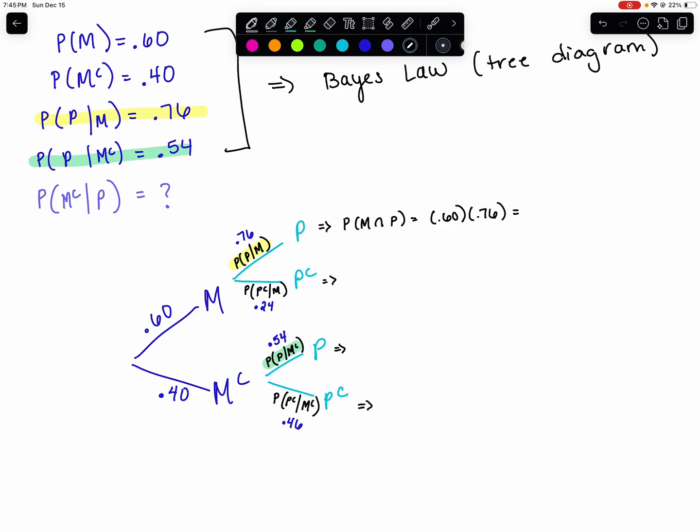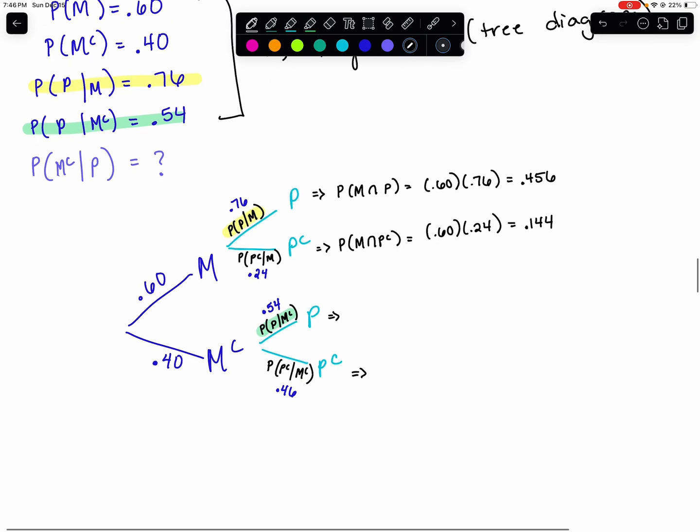Okay? So I have the numbers written out here. I'm just going to complete the tree diagram if you want to try to pause it and do it yourself. If I want the probability that he makes the first serve and misses the point, then that is just going to be the two numbers leading up to that, which is the 0.60 and the 0.24. So 0.60 times 0.24, which will give me 0.144.